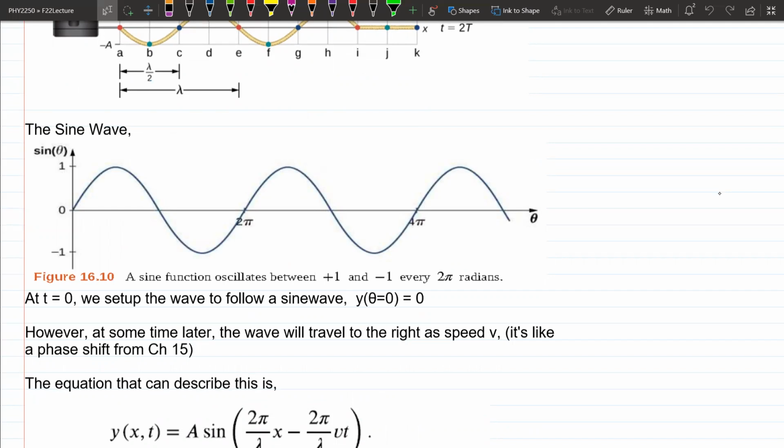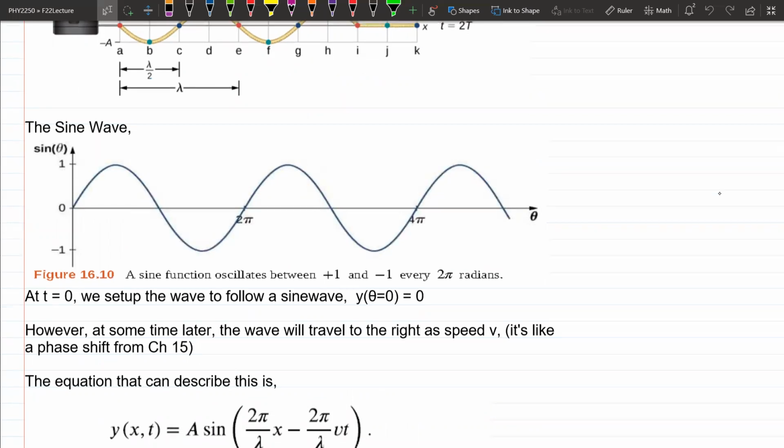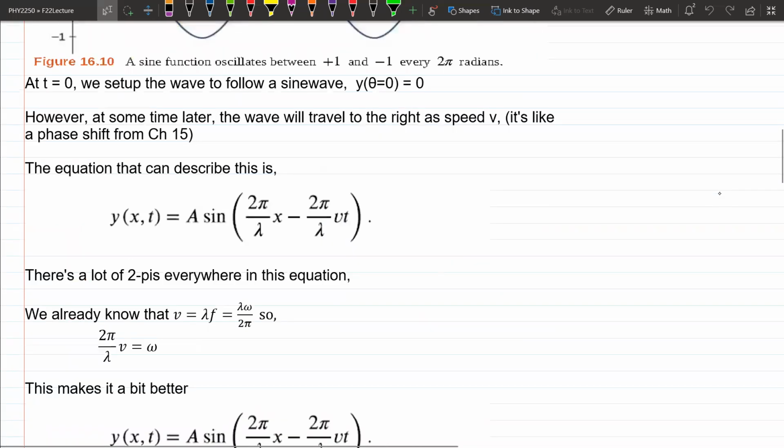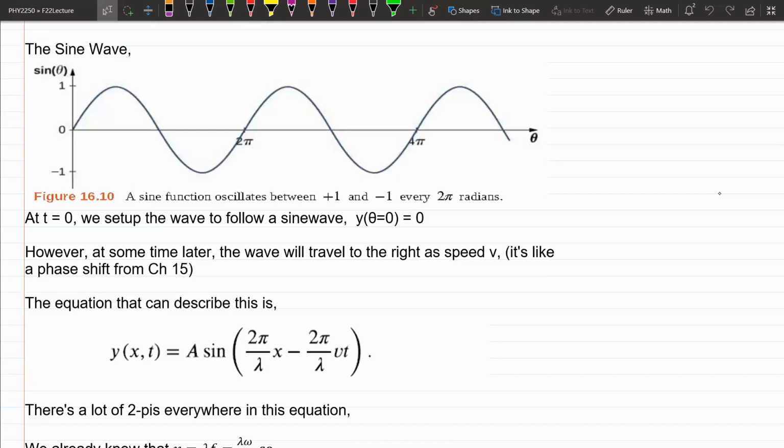I can write this little equation down here, where that wave above can be described by this equation, where y is how high the wave is, up or down. Now, instead of just being a function of position, it's also a function of time. So it has 2 variables in it.